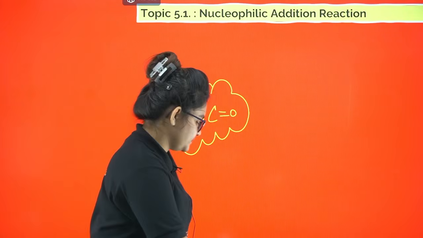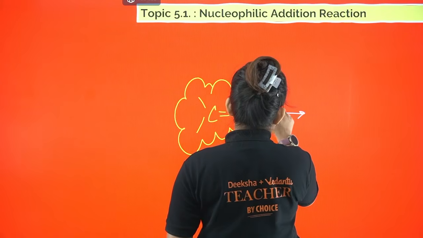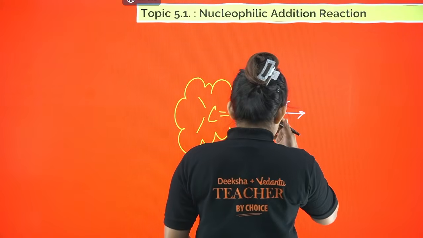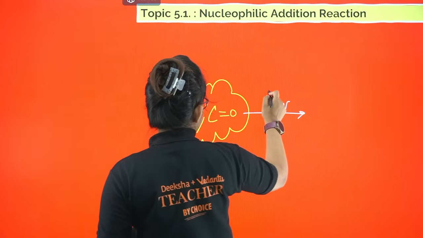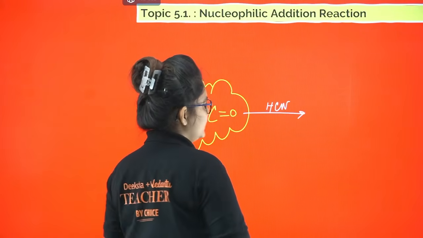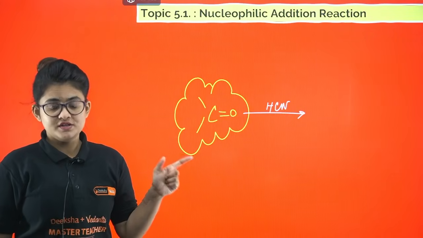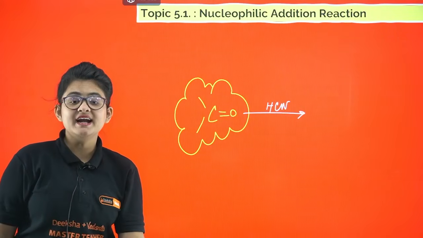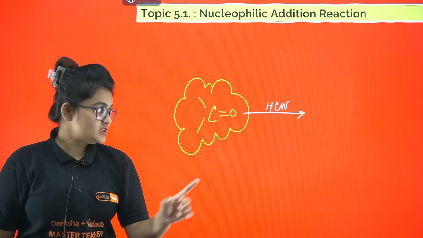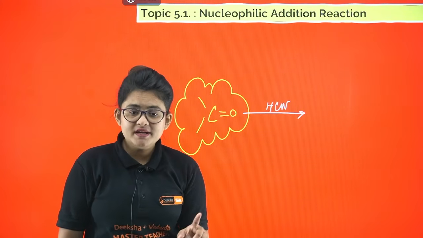Let's see. Let's say I am giving HCN here. Once you give HCN, CN minus will attack here, and this double bond will open up. You will get a tetrahedral type of intermediate in between. So when writing a detailed answer for your board examination, mention that it proceeds through a tetrahedral intermediate. Why is it important?